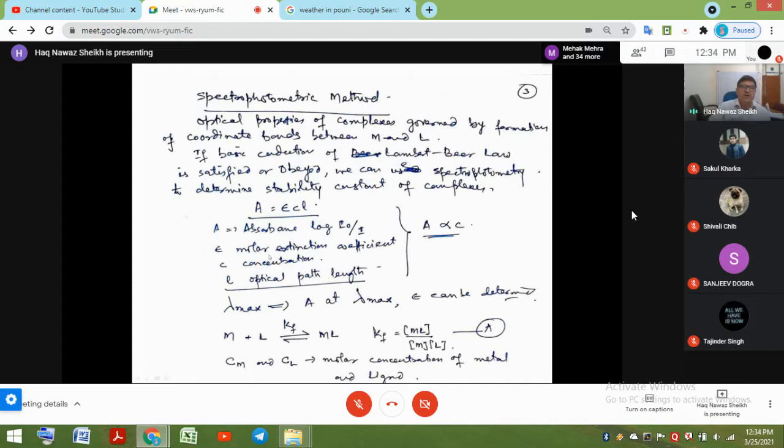If transition is not allowed, then molar extinction coefficient is small. So numerically, if I give you two substances, and I say that this compound has molar extinction coefficient 10 or 20, the other one has 500, obviously it must give you the idea that the compound which has molar extinction coefficient 500 is a strong, better absorber, and its transition is allowed, whereas the other compound which has molar extinction coefficient just 5 or 10 is a weak absorber, will be dull in color.